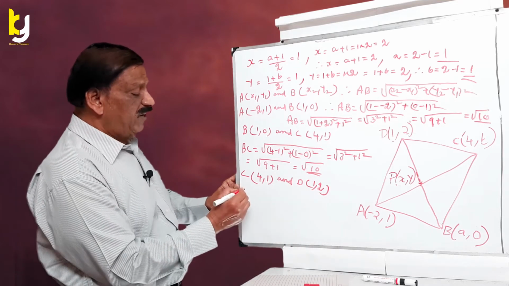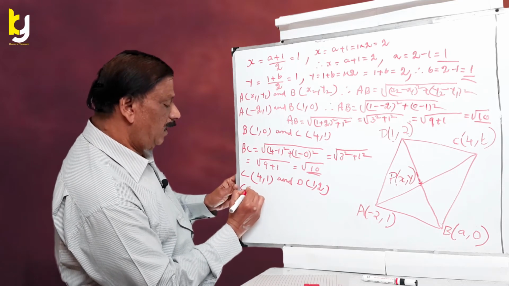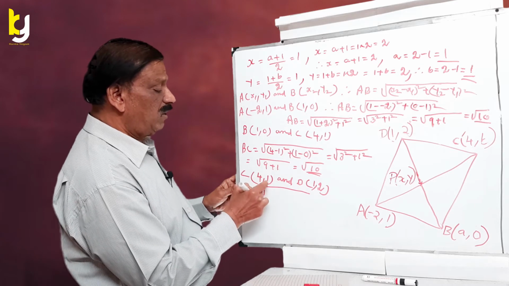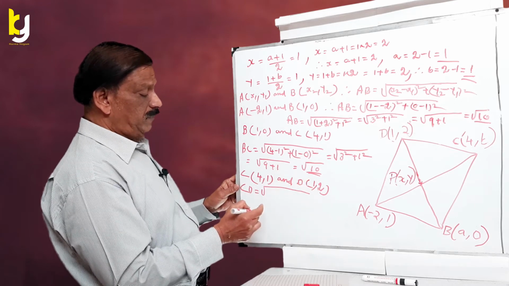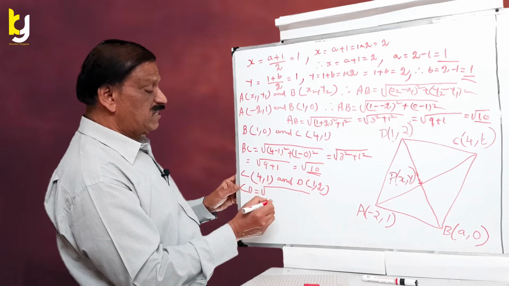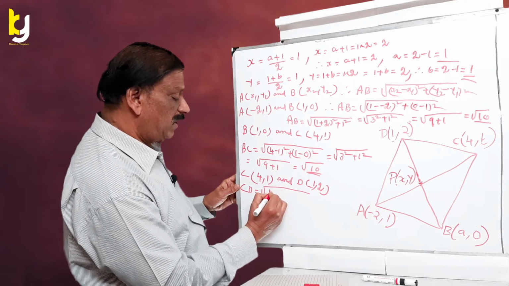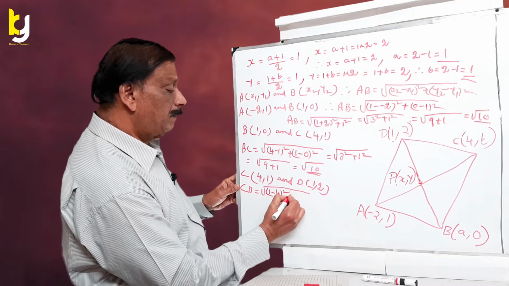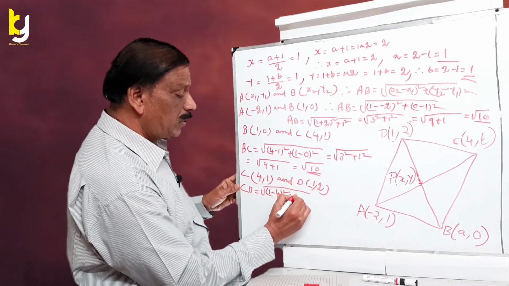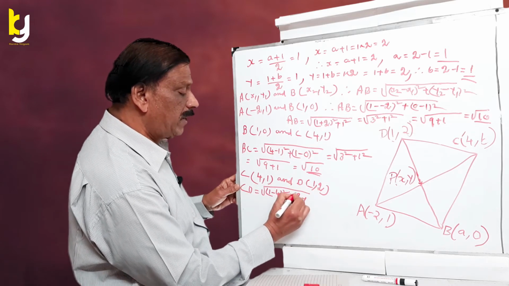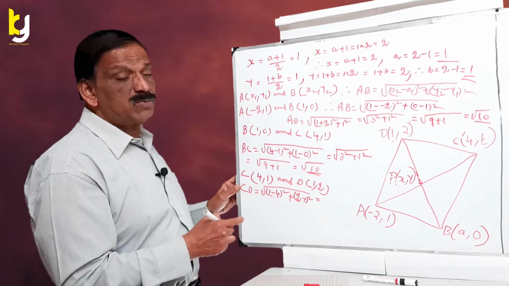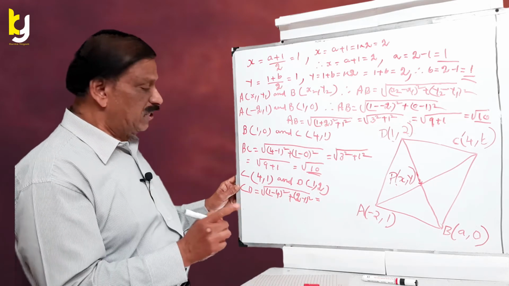Then the length of CD equals root of, this is x1 y1, this is x2 y2. That is x2 minus x1 whole square, that is 1 minus 4 whole square, plus y2 minus y1 whole square, 2 minus 1 whole square. That is equal to 1 minus 4 whole square. 1 minus 4 is minus 3.